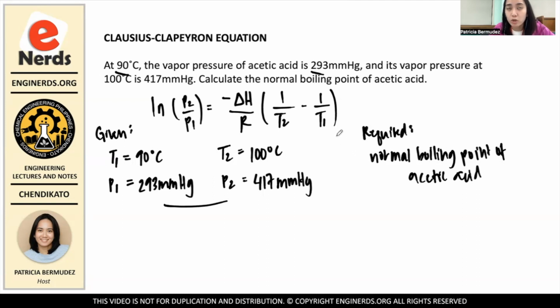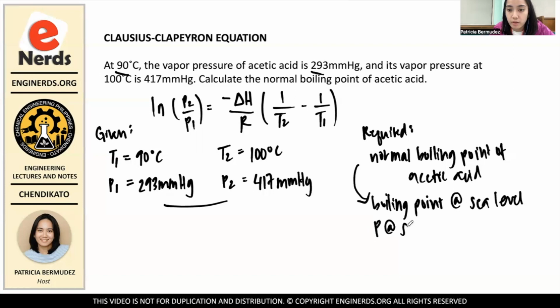And when we say normal boiling point, it is actually the boiling point at sea level. And what is our pressure at sea level? We know that the pressure at sea level is equal to 1 atmosphere.